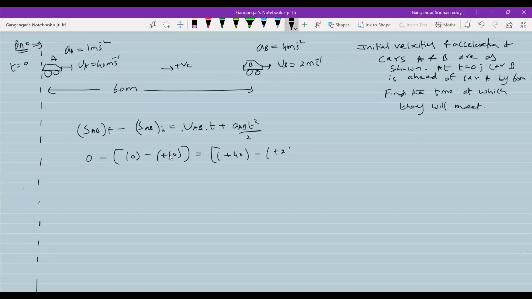Minus this will be plus 2. T plus acceleration of car A plus 1, acceleration of car B plus 4. T square by 2. 60 is equal to 40 minus 2, 38T. 1 minus 4, so this will be minus. So there's a quadratic equation: 3 by 2 T square minus 38T plus 60 equal to 0.